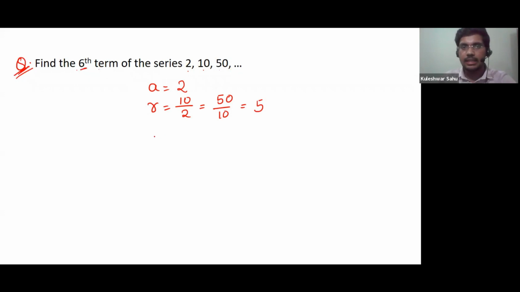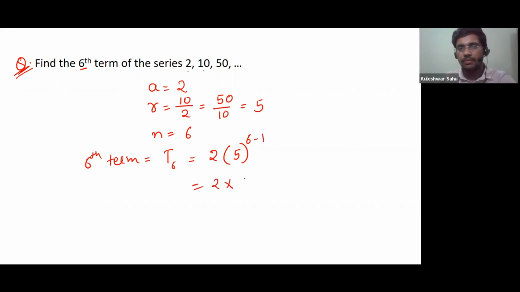And we need to find sixth term, so n is equal to 6. So the sixth term, T6, is equal to ar to the power n minus 1, which is 2 into 5 to the power 5, which is 6,250.